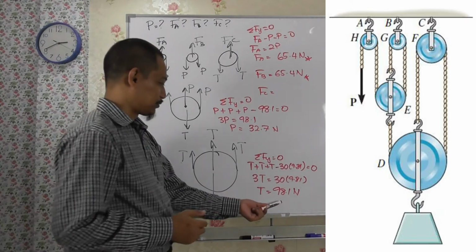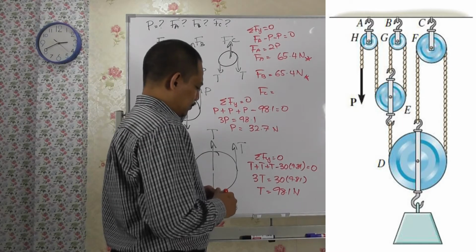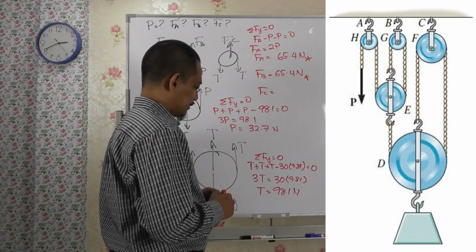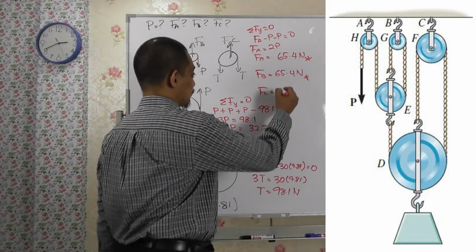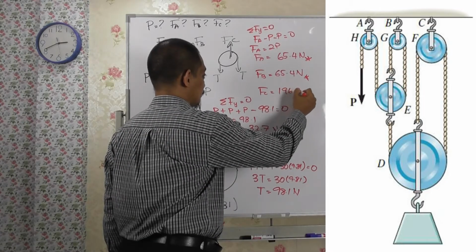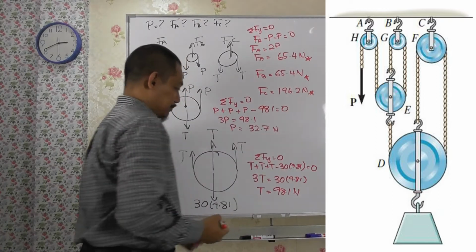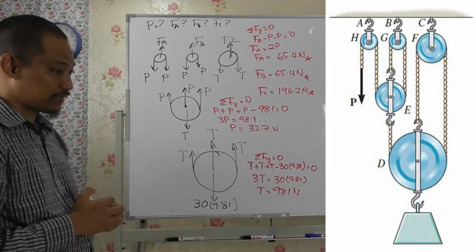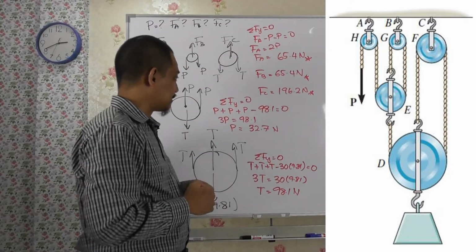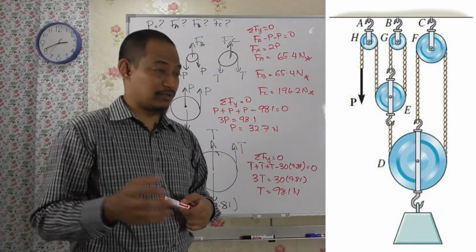FC is twice of this one, so 196.2, is it 196.2? All right, so that is it actually. So it doesn't even take long.